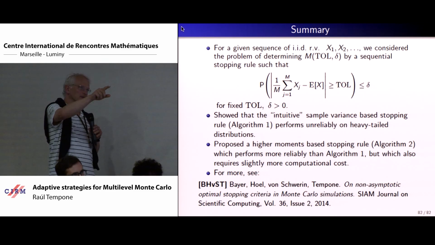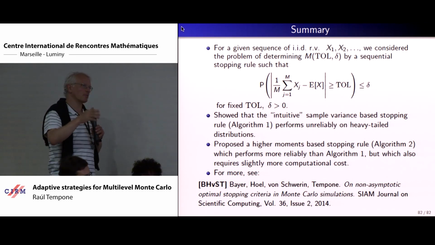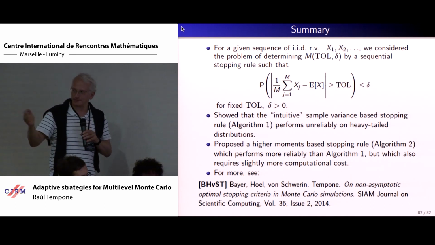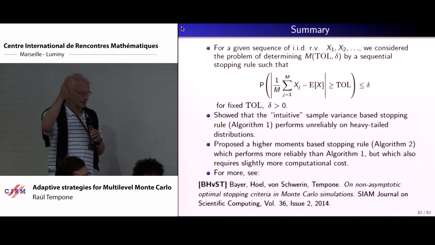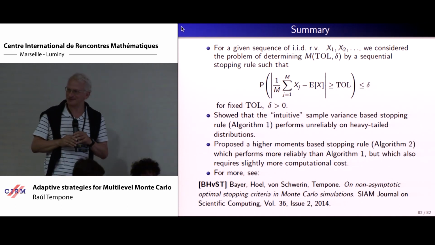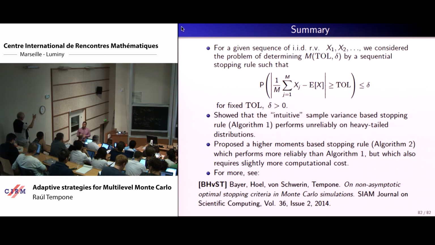Maybe a short comment. Maybe the applicability of your method is connected with a kind of ratio between the expectation and the variance. You see, because the case of rare events is that 1 over square root of p goes to infinity when p goes to 0, something like that. The relative value of the expectation.